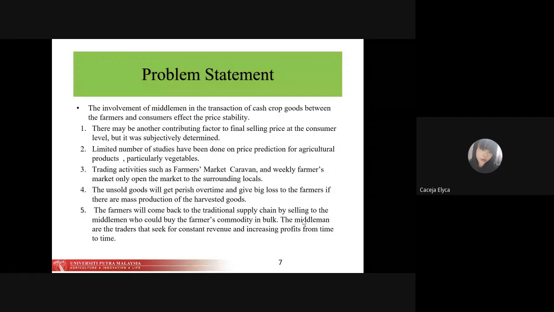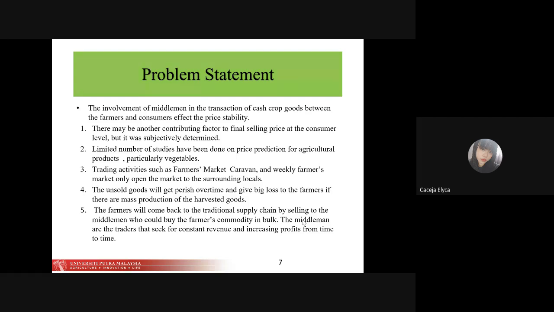And in Malaysia, trading activities such as farmer market caravans and weekly farmer markets only open the market to the surrounding locals. They don't spread their selling to other countries or other places. The unsold goods will perish over time and can cause big losses to the farmer if there is mass production of the harvested goods.